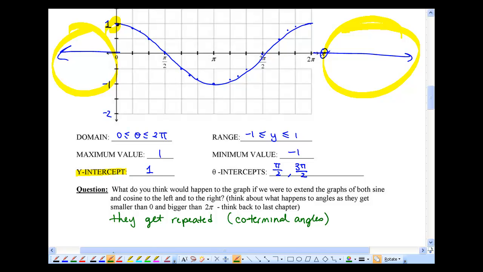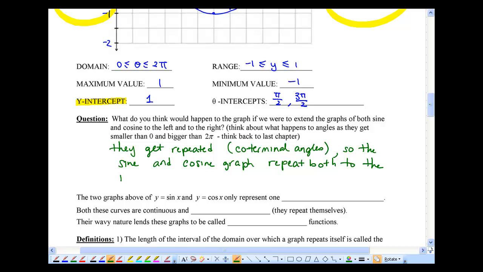Therefore, the coordinates of x and y are also the same. So really what happens is this. These graphs, so I'll say the sine and cosine graph, repeat as well, both to the right and to the left.